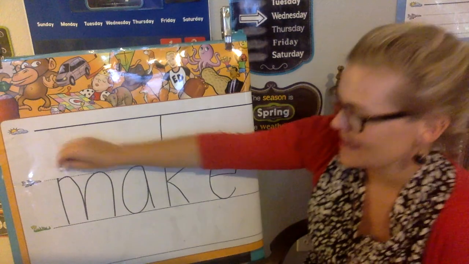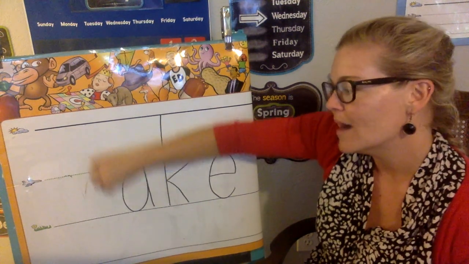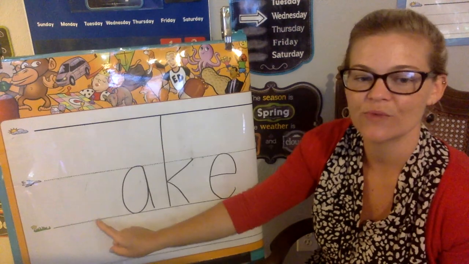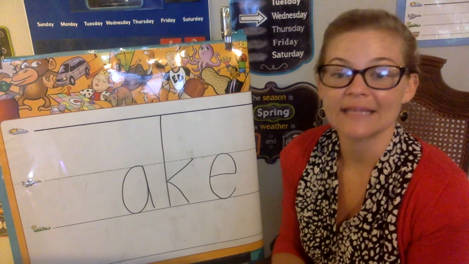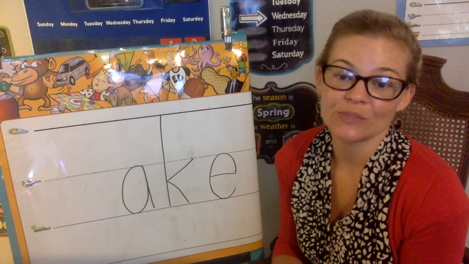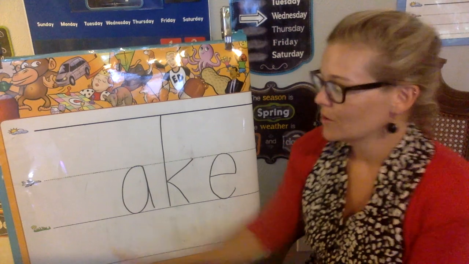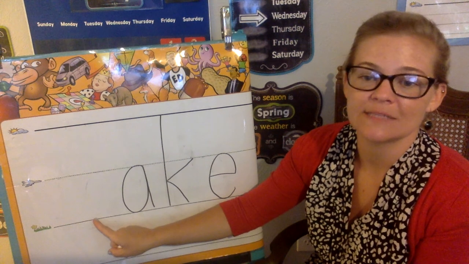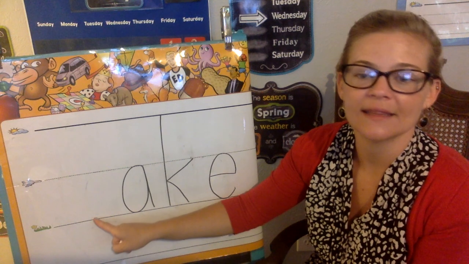All right, erase that M. Now I want you to figure out what letter you need to write right here to spell the word lake. Like I went to a lake to find frogs and toads. Lake. What letter do you need at the beginning to spell the word lake?